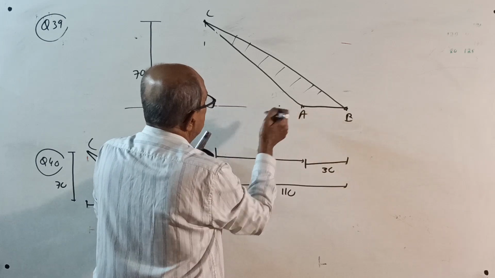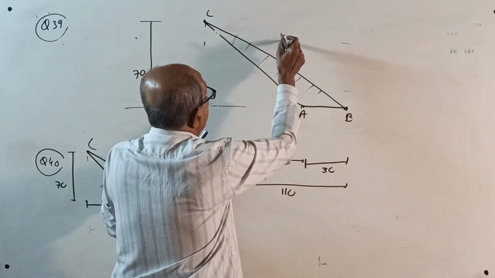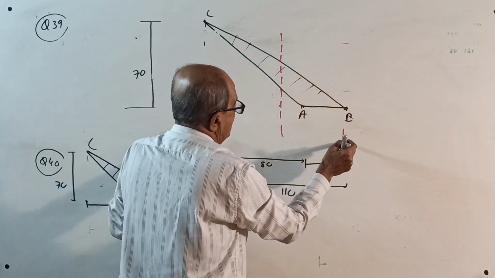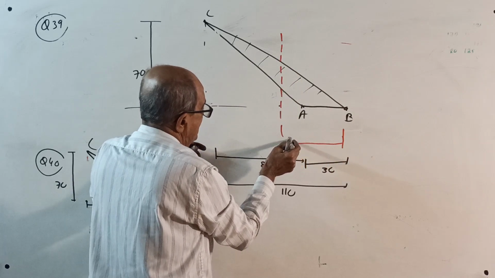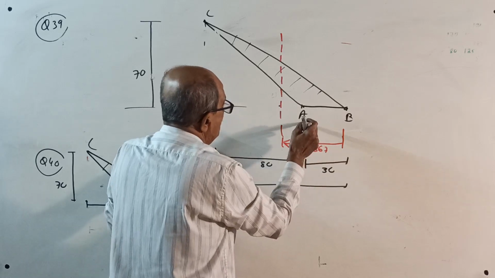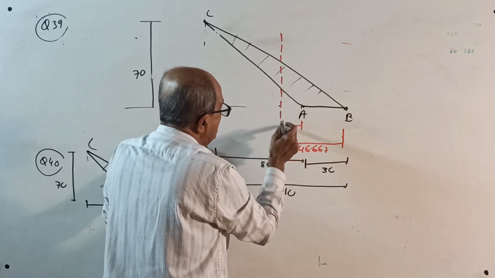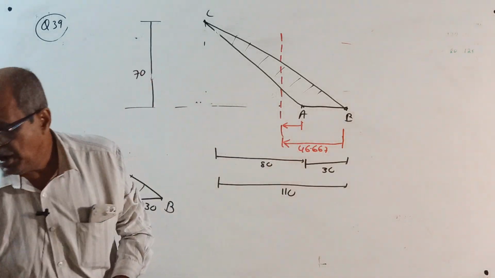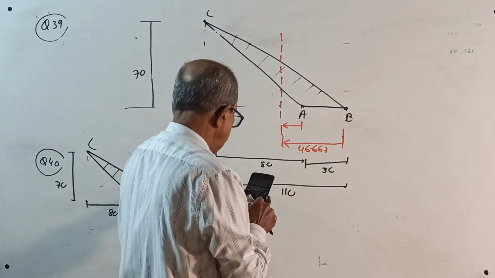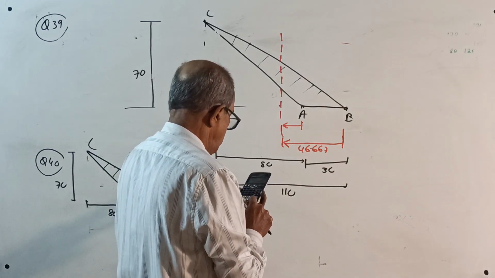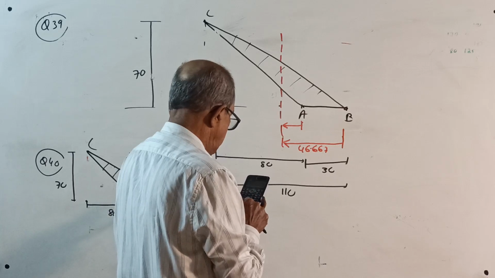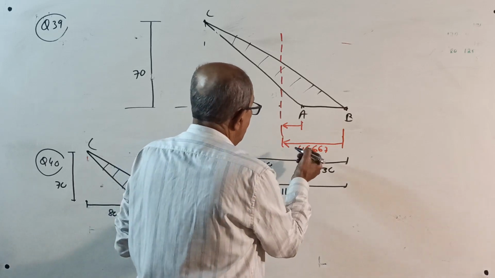30, 15 more. From here it is 46.667, that is from here if you want. If you go for adventure, the answer is 30 plus minus 80 divided by 3, which is 16.667.